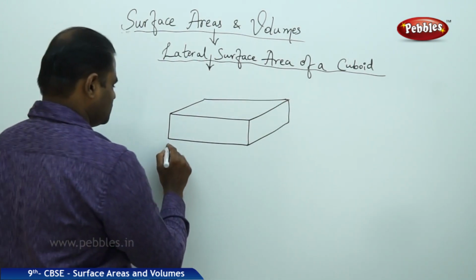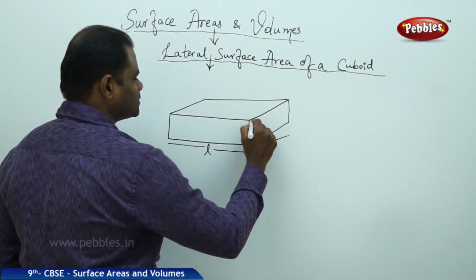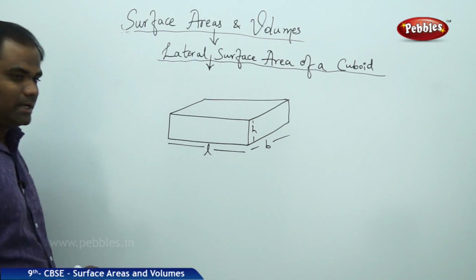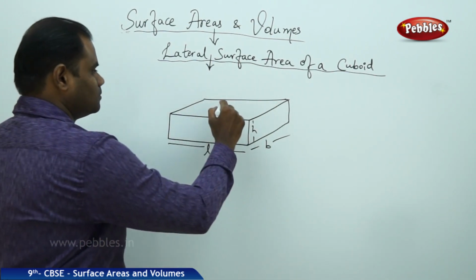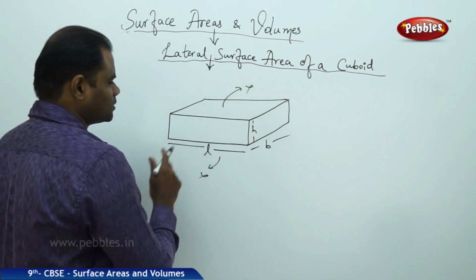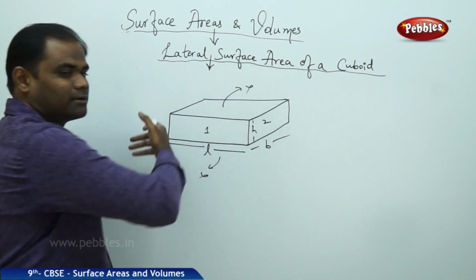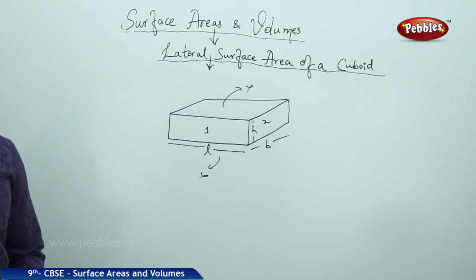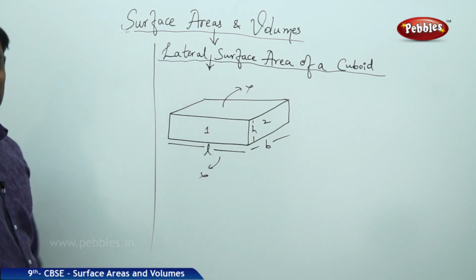Now here, this is the length, this is the width and this is the height. Now as I include only the 4 faces but not the top and bottom, this is not included and the bottom part is also not included. Only face 1, face 2, face 3 and face 4 are included. Let's see how we can find the lateral surface area of the cuboid.